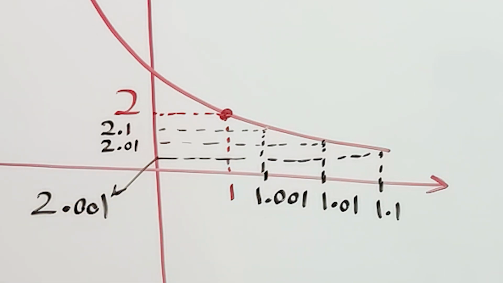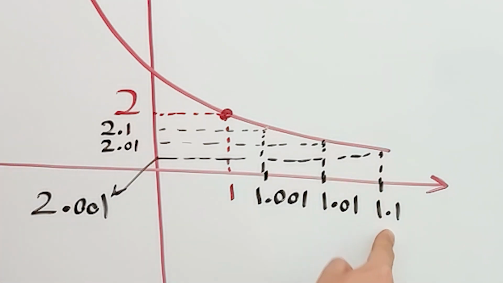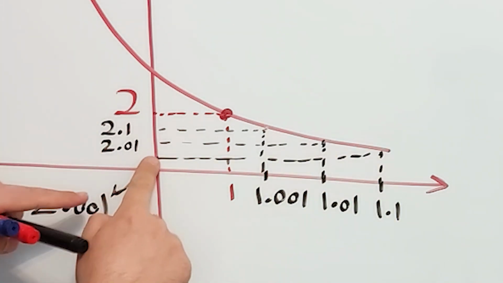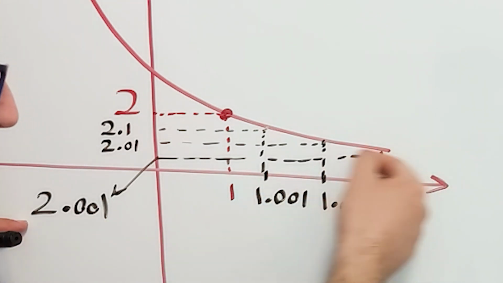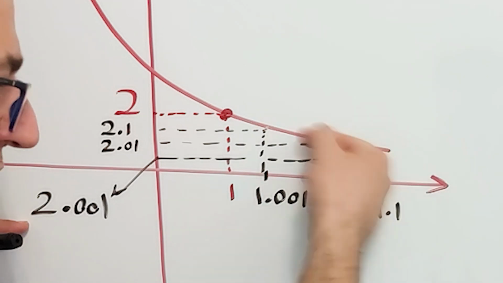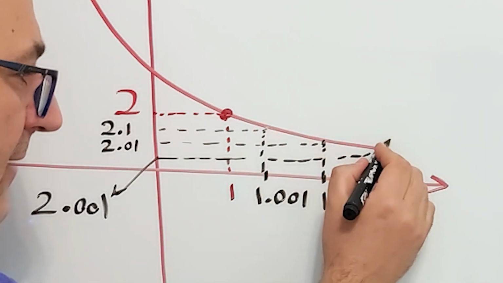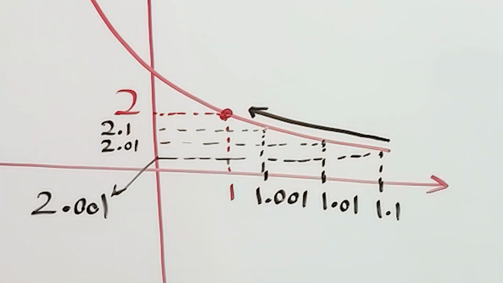Look at this graph again. We are here, okay? And the x value is 1.1 and the y value is 2.001. So if we approach 1 from the right, the graph approaches 2 from below, okay?